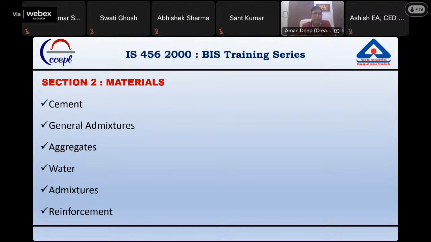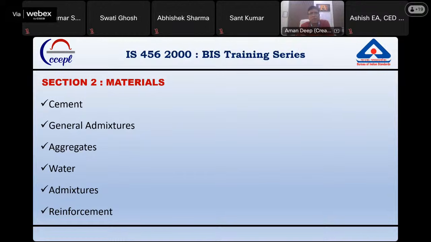Presently in IS 456, we are dealing with steel reinforcement. But now you would be knowing there are some other types of reinforcement also coming. FRP bars are there, and there may be other options also available to be used in concrete, but that is not part of our scope.